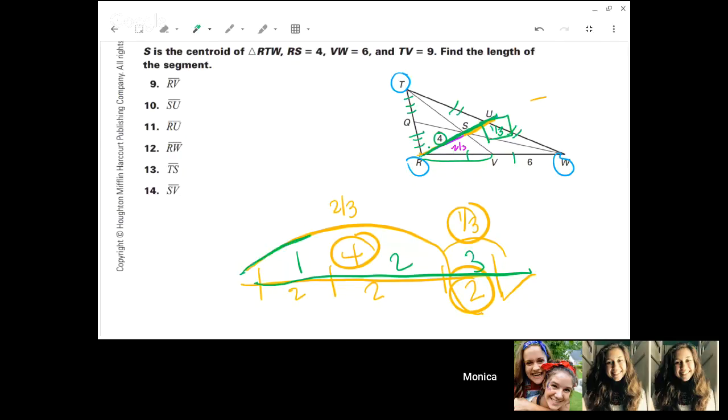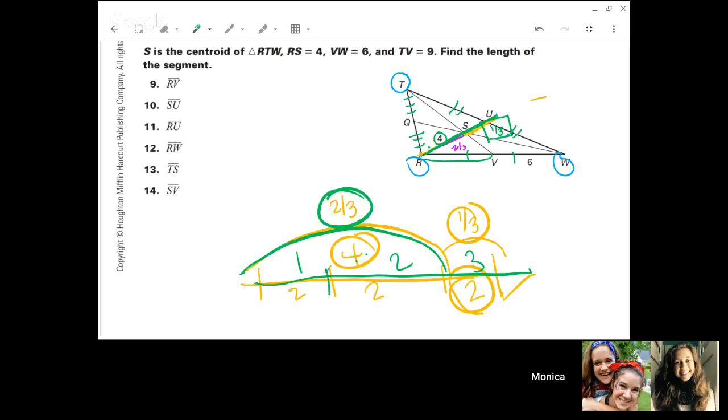Well, we know these first 2 parts here are 2/3 of that whole length, right? So if 2/3 of the length is 4, well, we know that if we're dividing the whole length into 3 even parts, then we know that 4, or the 2/3 part of it, is divided into 2 even parts, which are 2 and 2. Does that make sense? Okay, you're good now?